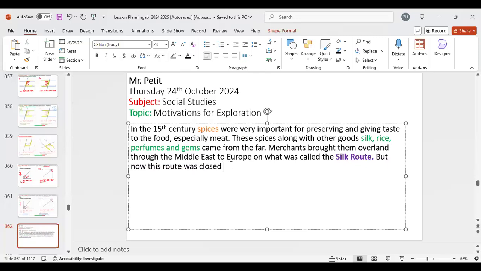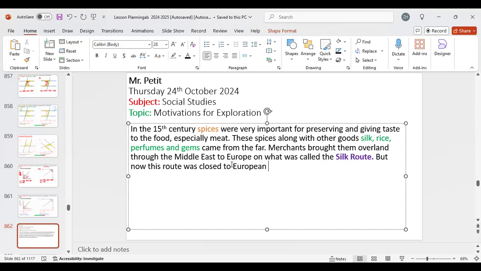This route was closed. Why was this route closed? Because of the Ottoman Turks. They closed the route to Europeans, and the Ottoman Turks was like, we want this route for ourselves. We don't want to share this with y'all.